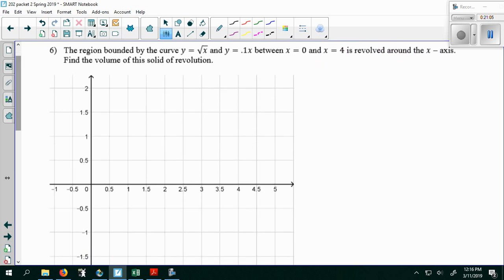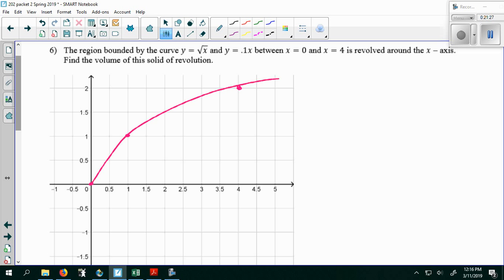Okay, last one. The region bounded by the curve y equals square root x and y equals 0.1x between x equals 0 and x equals 4. So y equals square root x, so we've got 0, 0, 1, 1, 4, 2. That should be good enough.